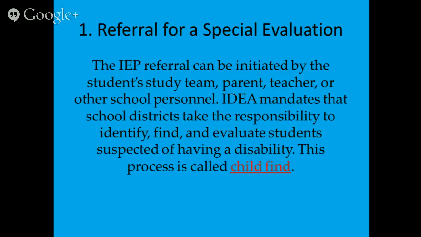Okay. So IDEA mandates that the school districts take responsibility to find and evaluate students, and this process is called Child Find. So I really understand how frustrating it can be when you finally decide you want to reach out to the school to get an evaluation done, and then they say, oh, you need to contact Child Find.